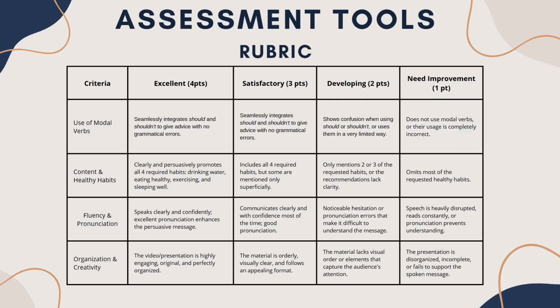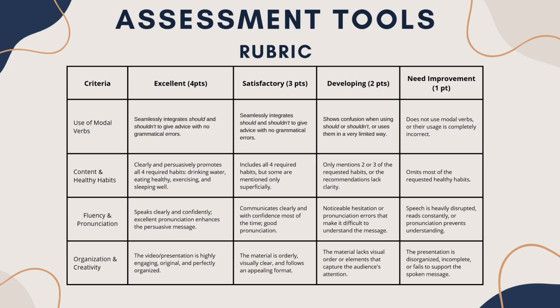Okay, so next up we have the assessment tools. We decided to make a group of tools that help us to assess all these projects and activities throughout our development. The first one is the rubric.